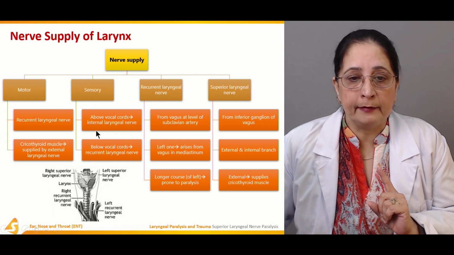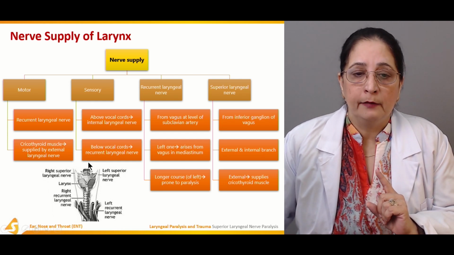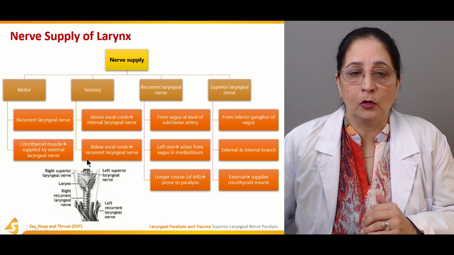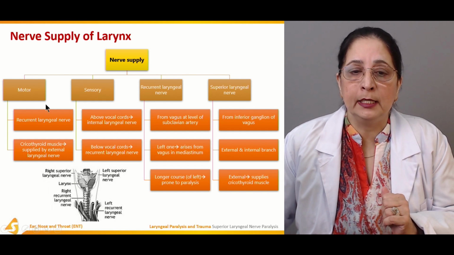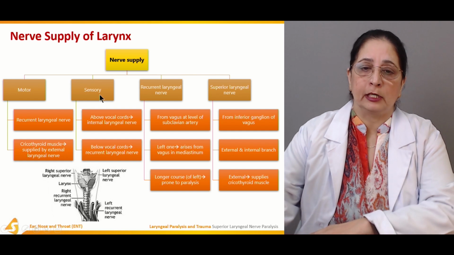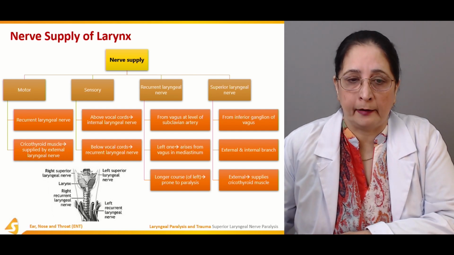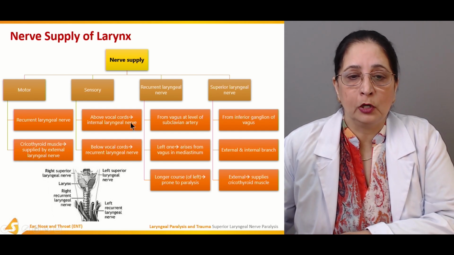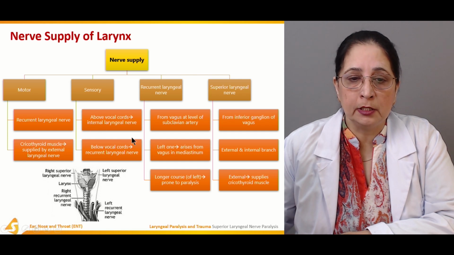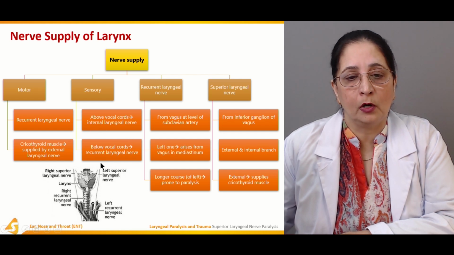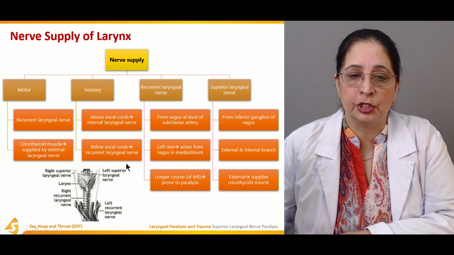And then we have the internal laryngeal nerve, which is above the vocal cord, and it's mainly for the sensory function of the larynx. So above vocal cords, internal laryngeal nerve, and below vocal cord is recurrent laryngeal nerve.